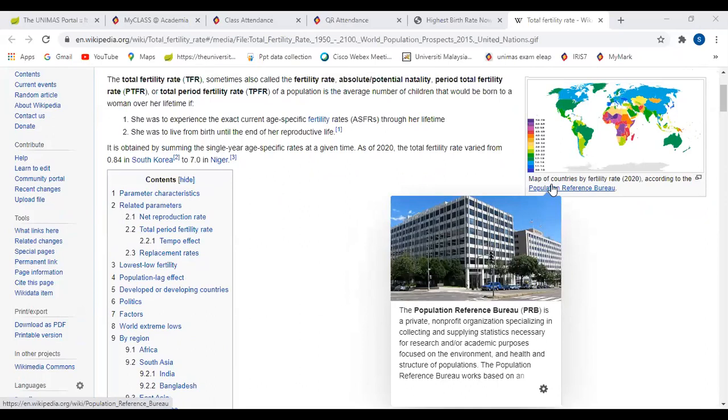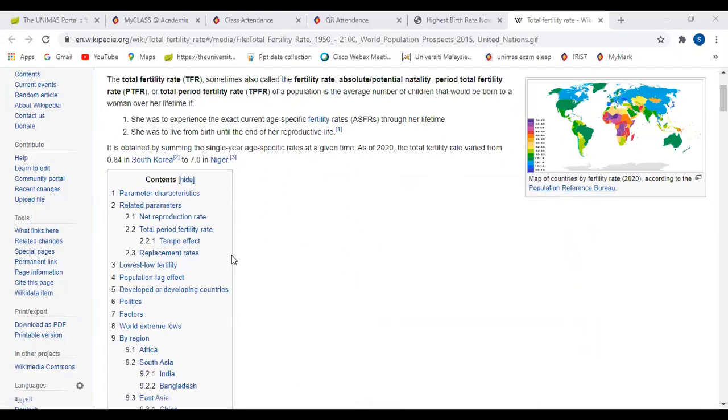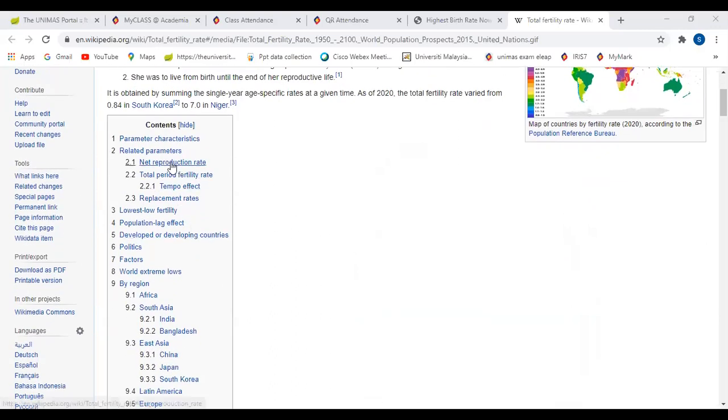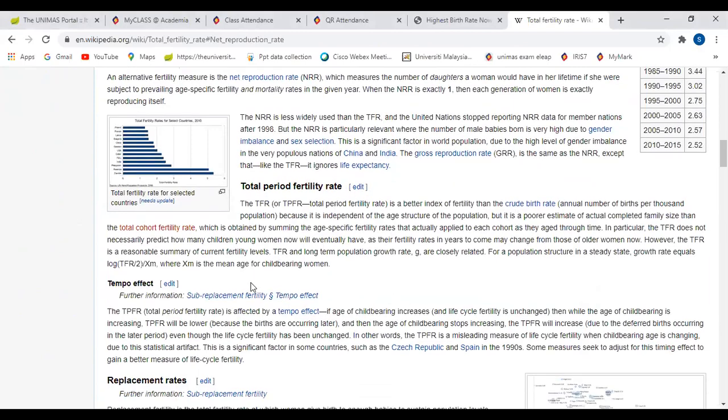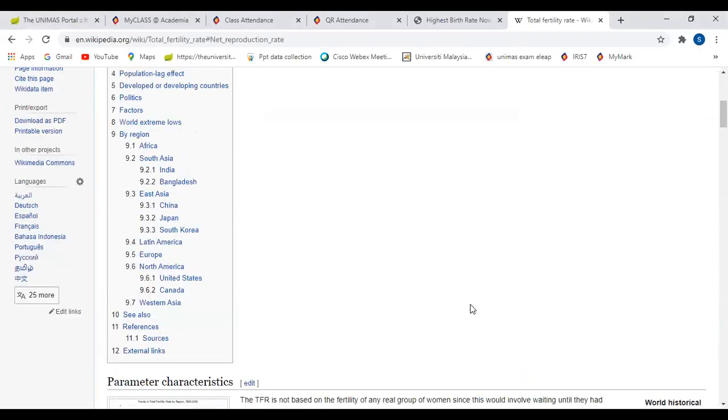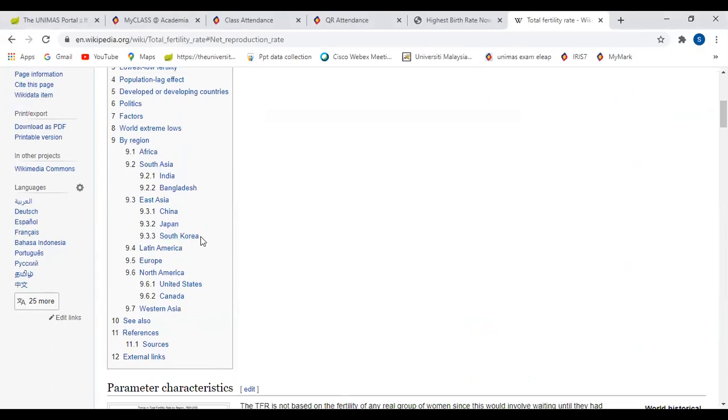The data are available from the Population Reference Bureau, which is located in the United States, covering what is happening in the rest of the world, more or less. For example, if I want to know about net reproduction rate, I can click on this and find information on what it means. So this is a useful site.